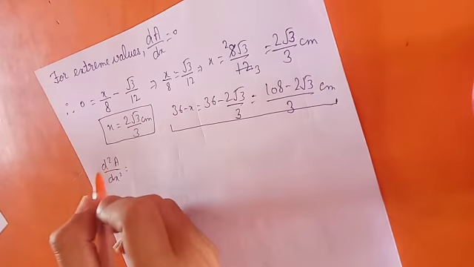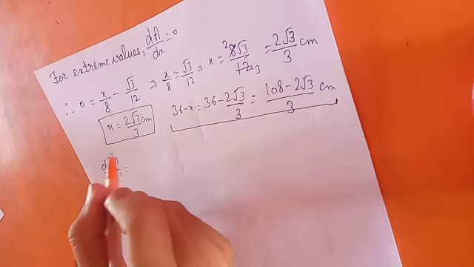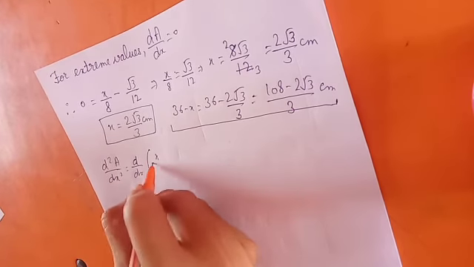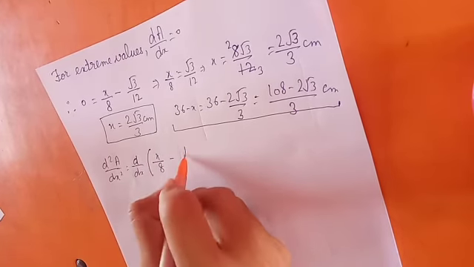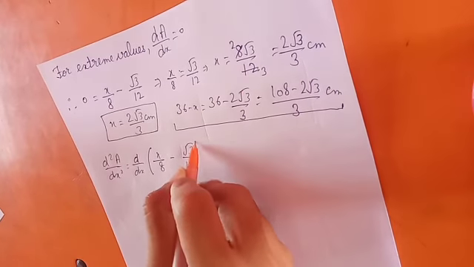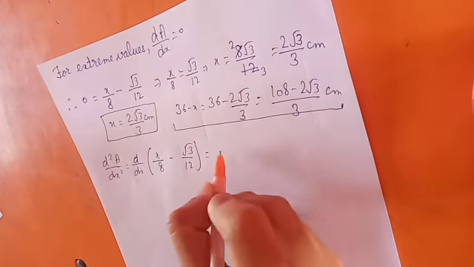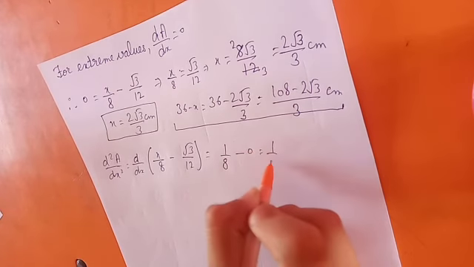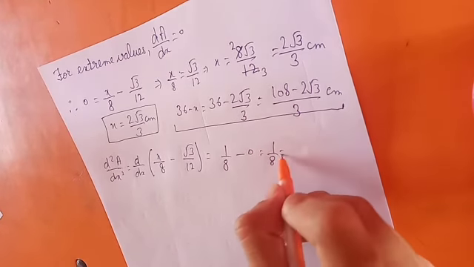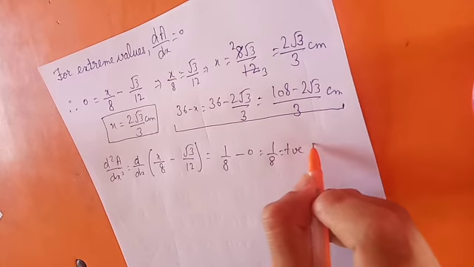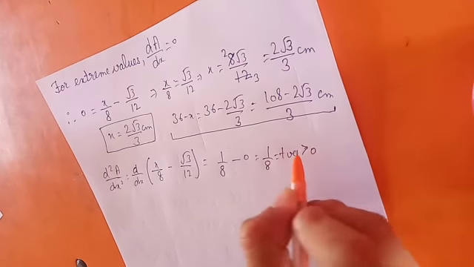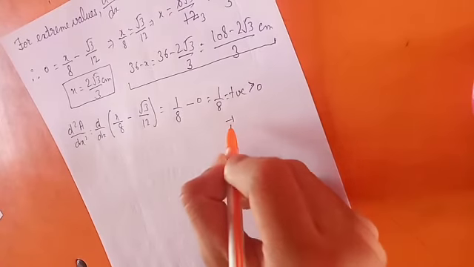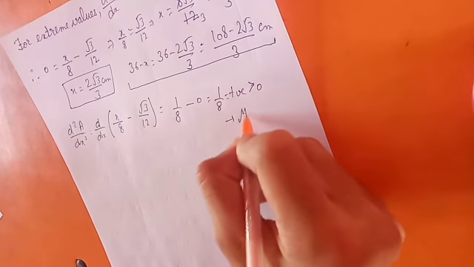That will be d by dx of x by 8 minus root 3 by 12. So it will be 1 by 8 minus 0, that is 1 by 8. 1 by 8 means it is positive, greater than 0. And whenever our double derivative has some value greater than 0, then we have a point of minimum there.